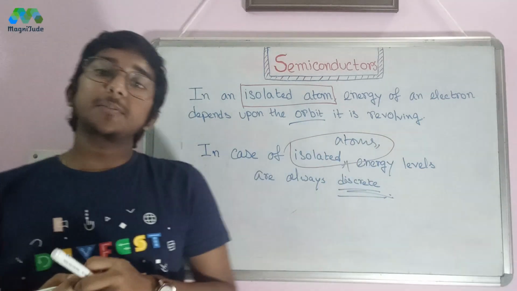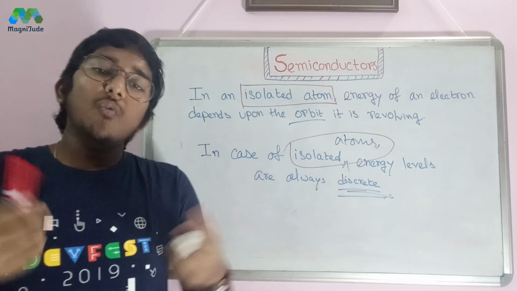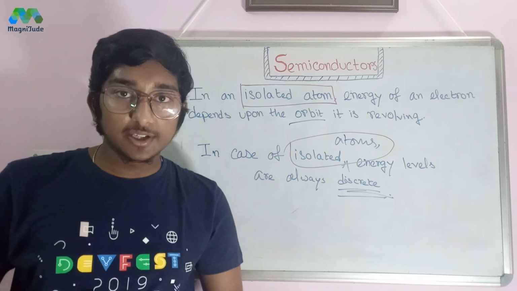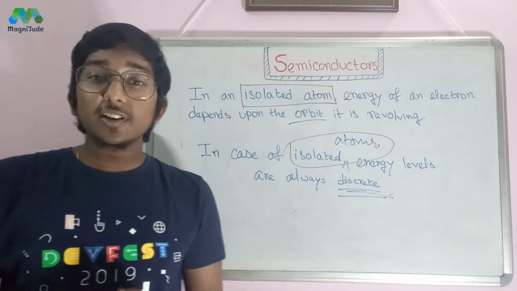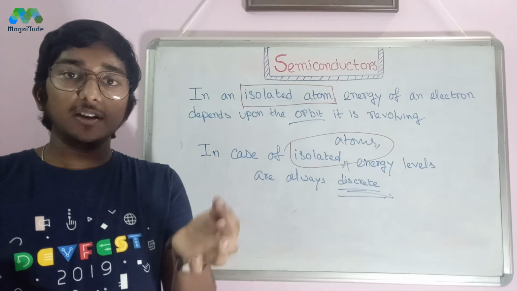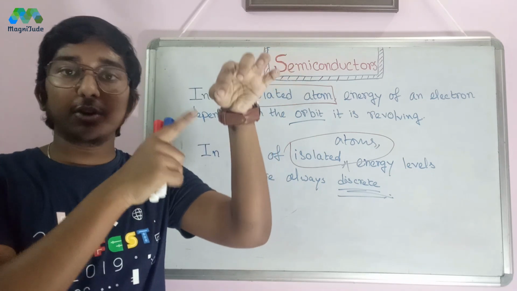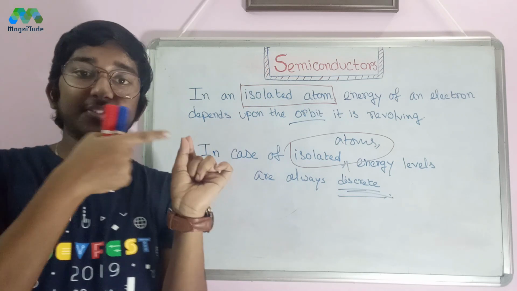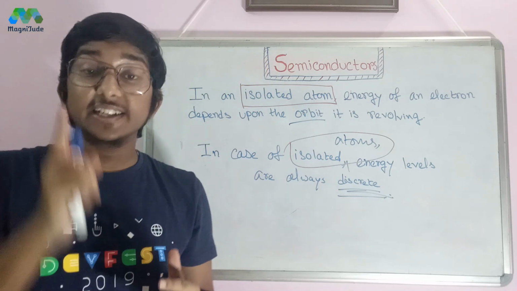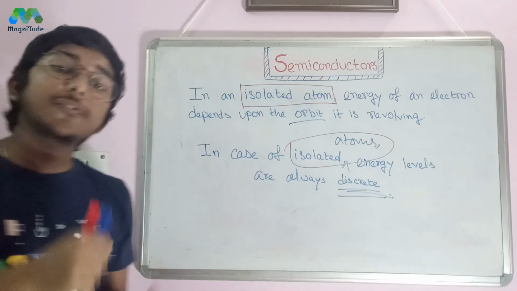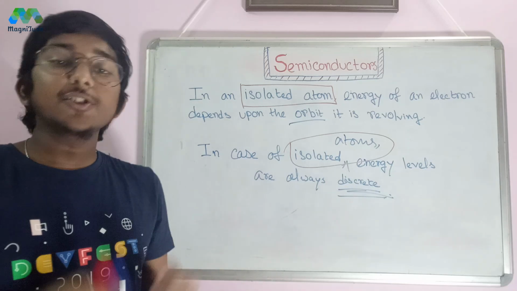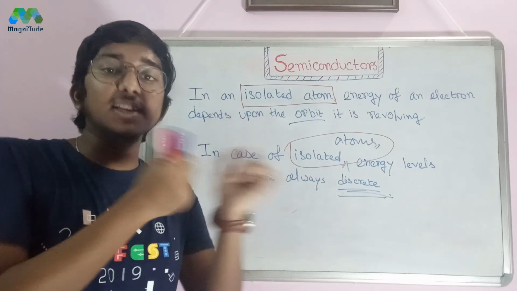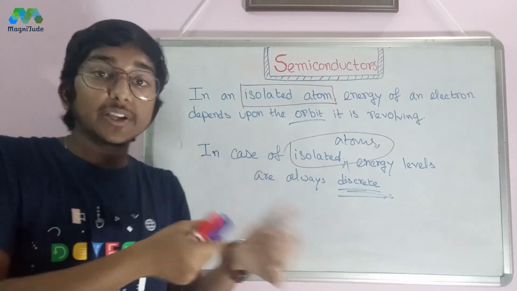But where will you find these types of isolated atoms? Can you find an isolated atom of silicon anywhere? Definitely not. You always find a crystal of silicon or a crystal of sodium.